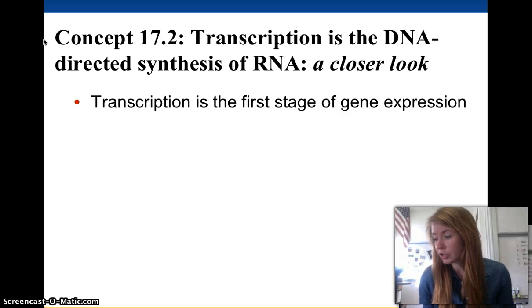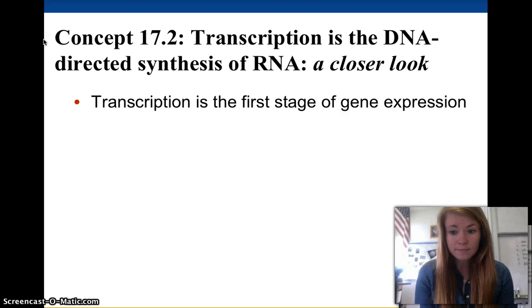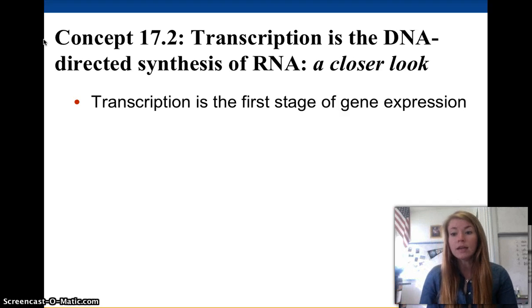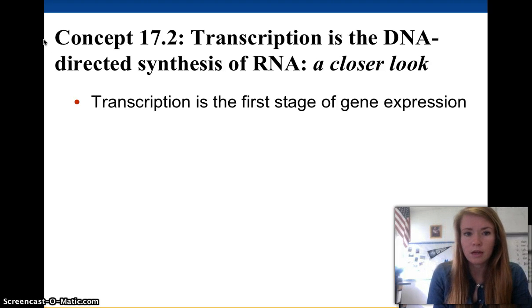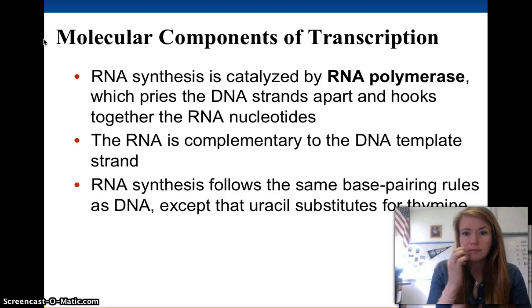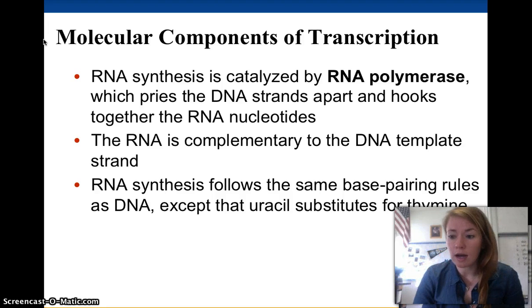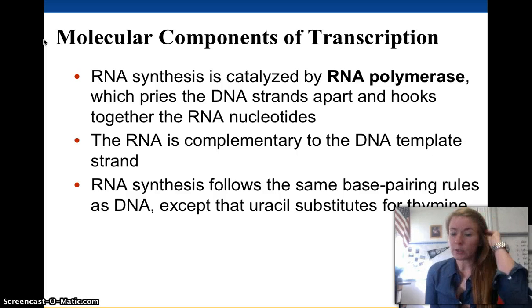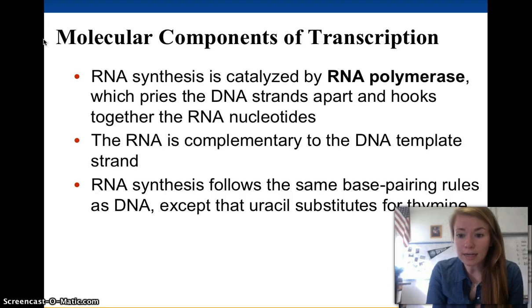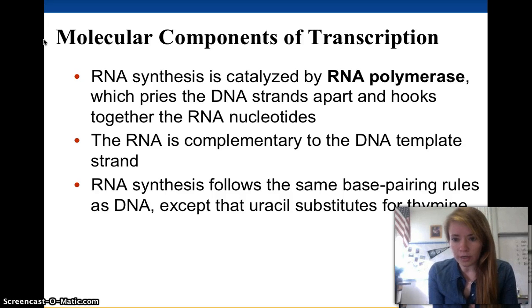So this is where we are turning our DNA into an RNA template, we're using the DNA template to make an RNA molecule. So that's what this whole section is about. So just like how in replication we use DNA polymerase to add on DNA nucleotides, in transcription we're going to use a molecule called RNA polymerase because we're going to be building an RNA molecule.